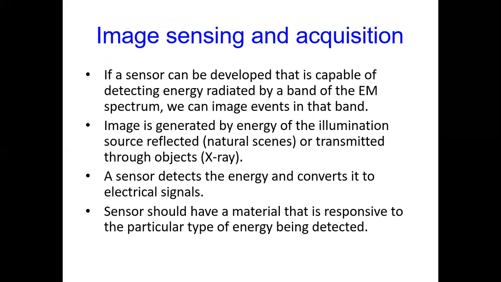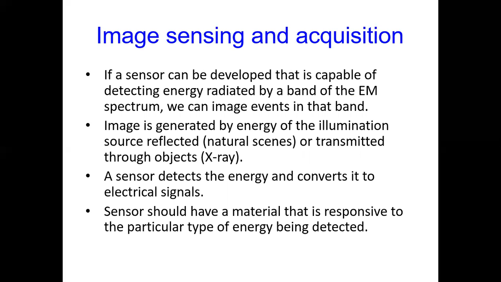Next is the image sensing and acquisition concept. If a sensor can be developed that is capable of detecting energy radiated by a band of the EM spectrum, we can image events in that band. An image is generated by energy of the illumination source reflected or transmitted through objects, for example X-ray. A sensor detects the energy and converts it to electrical signals.